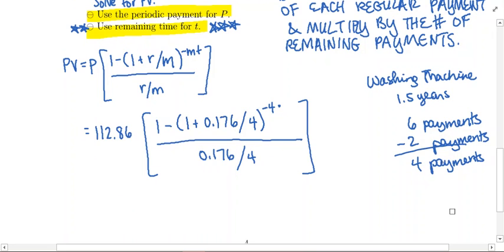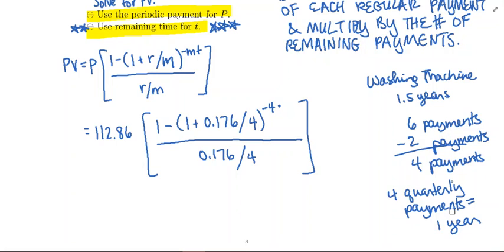4 quarterly payments, that's 1 year. So you had 1 year left on the loan. Remember, you made 2 payments already. That's 2 quarters, or half a year.